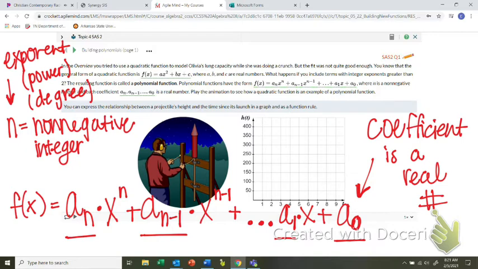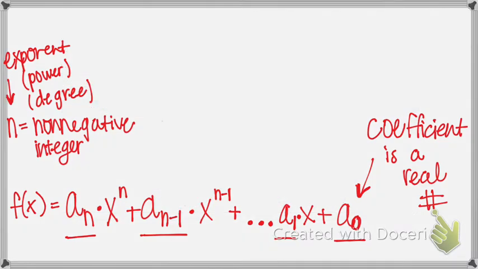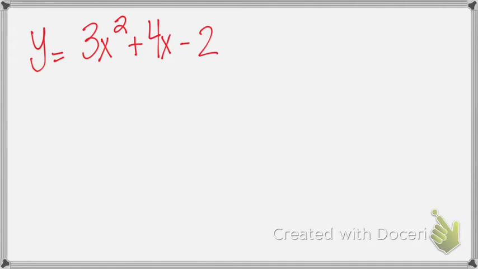Now, you don't have to write this down, but y equals 3x squared plus 4x minus 2. Is that a polynomial? Yep. y equals 3x minus 7.